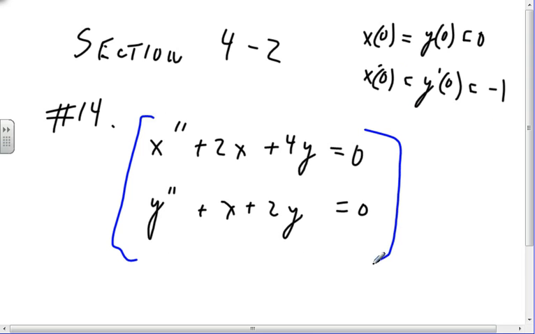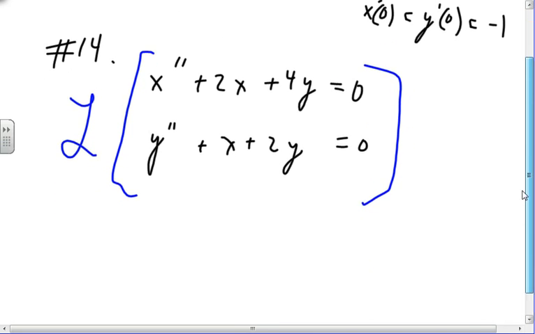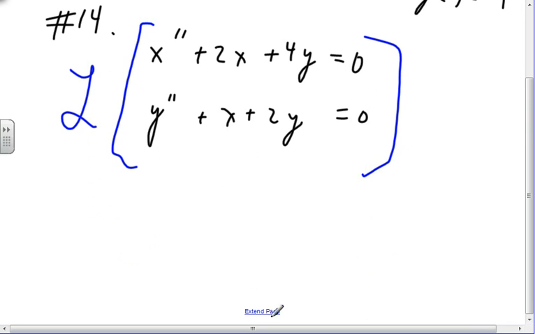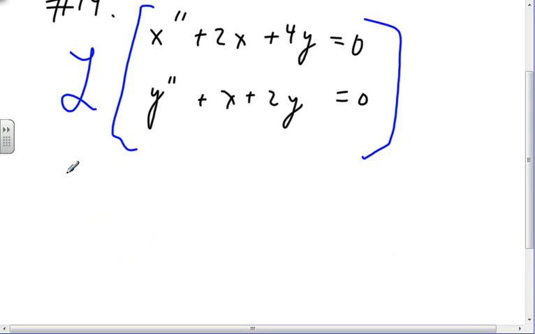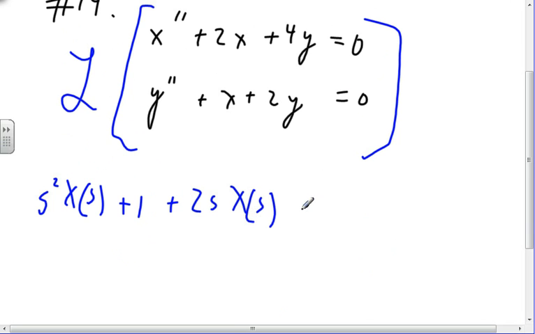Okay, so we're going to take the Laplace transform of both equations, both sides, while applying the initial conditions, while having them memorized because we can't see them. All right, so I've got s squared x of s plus 2s x of s plus 4 y of s is 0.